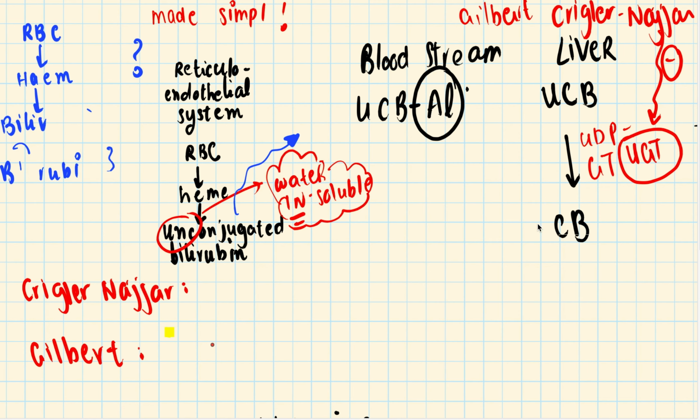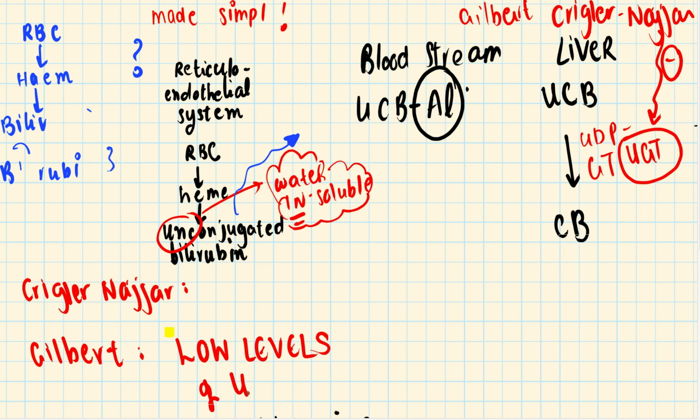Let's say the liver can conjugate 50 bilirubin at a time. Normally our body produces 50 and the liver is able to conjugate it, and it'll be fine. If you have too much extravascular hemolysis, you're producing like 100 or 150 bilirubin, and let's say only 50 of that is being conjugated by the liver. Now you have an excess of 100. Where's that going to go? It's going to present as jaundice, okay?